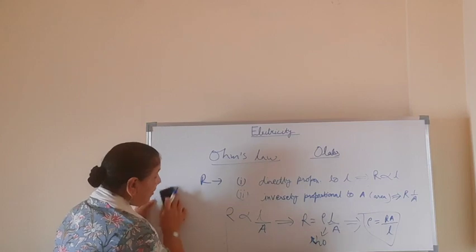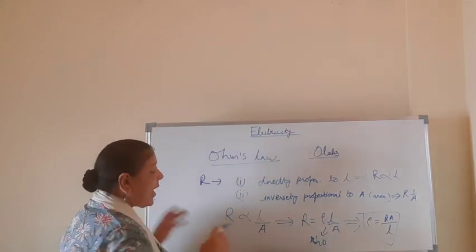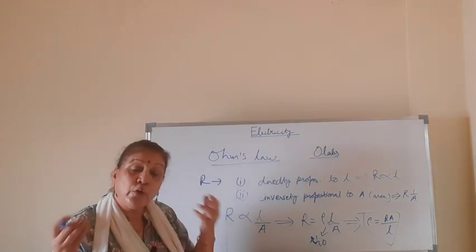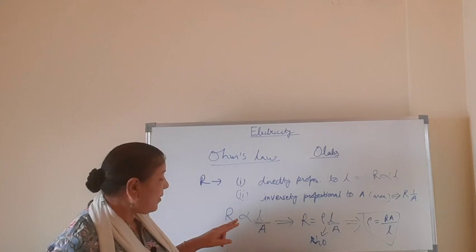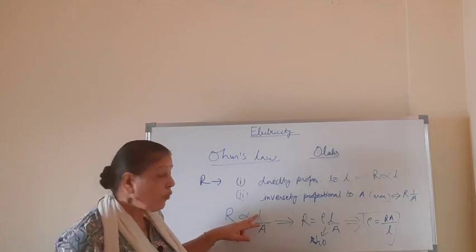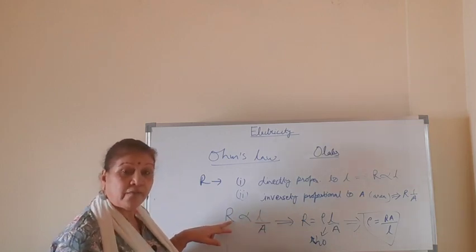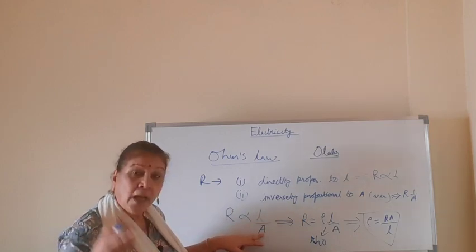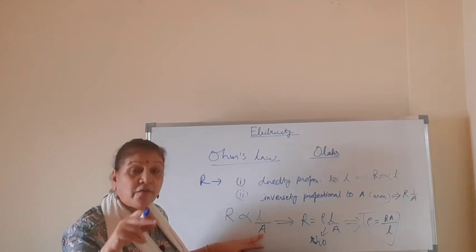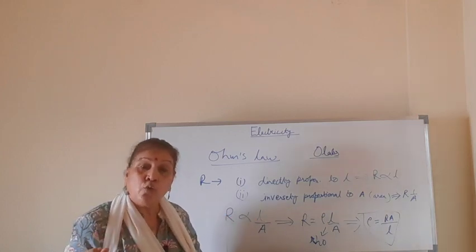So if you have 1 meter of wire, and now you have taken another wire of 2 meters, definitely, because R is directly proportional to L, the resistance will also be double. If I halve the area of cross section, A by 2, then this R will become 2R.